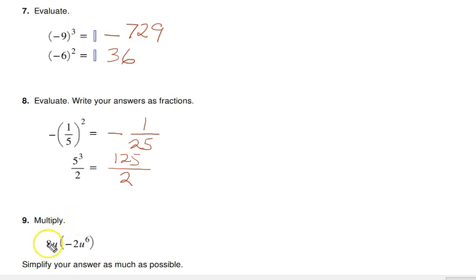Now as we start to do some multiplication, we get 8 times a -2 will be a -16. Negative times a positive. And then we get u, remember, is to the 1st power, times u to the 6th power. In this case, we just add exponents, and we get u to the 7th power.